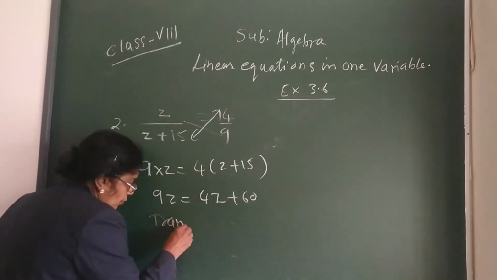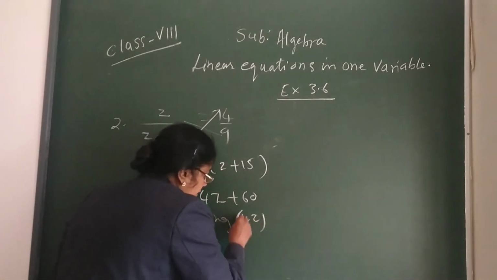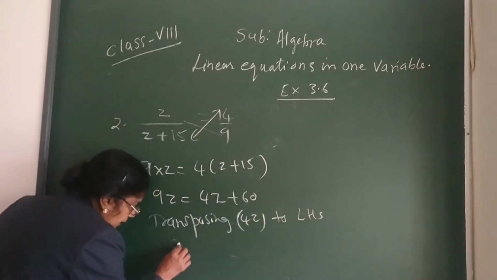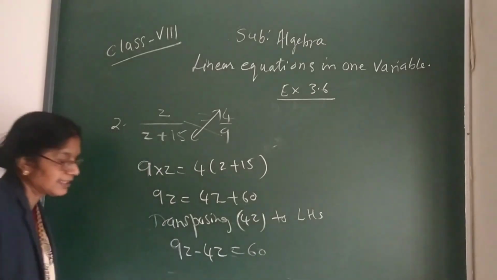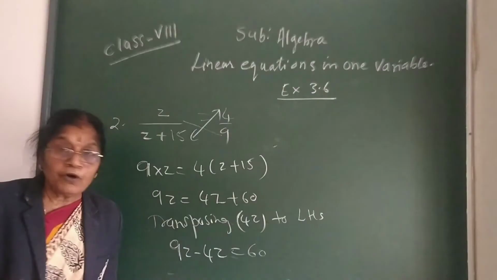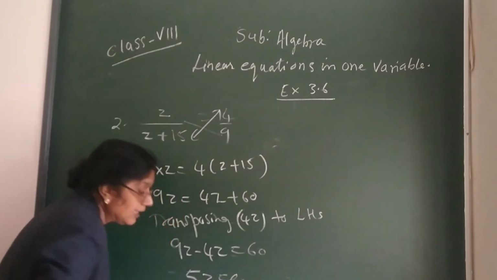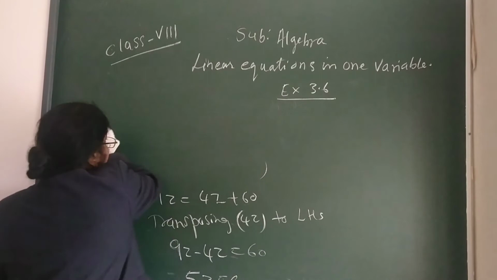Transposing 4z to the LHS, what do we get? 9z minus 4z is equal to 60. How much is 9 minus 4? 5. So 5z is equal to 60. Still you did not get your answer because the coefficient 5 is there for z.